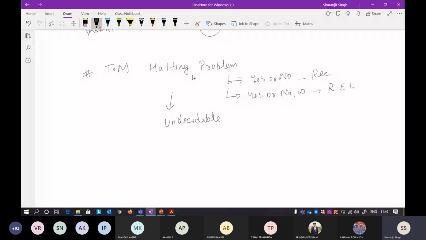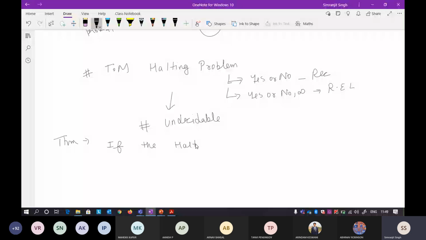Why is it undecidable? I'll write a theorem and prove it by contradiction, based on the previous proof that I've already told you.